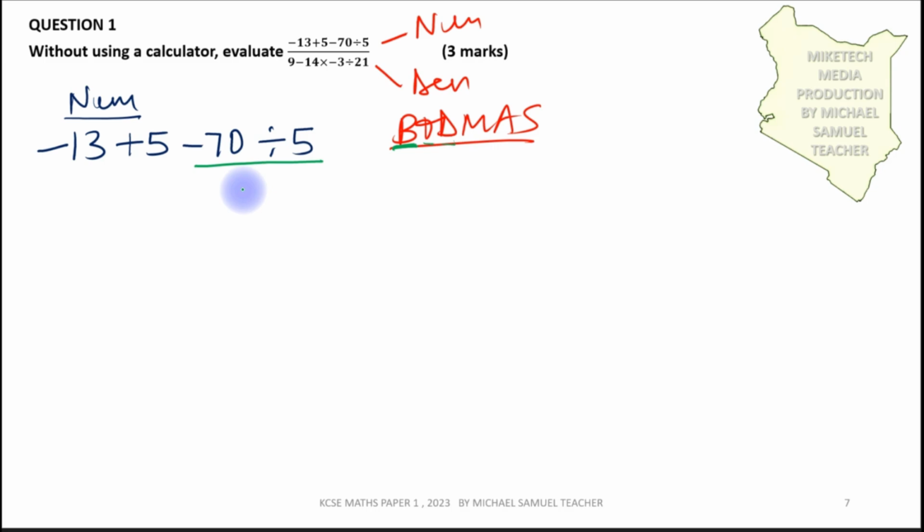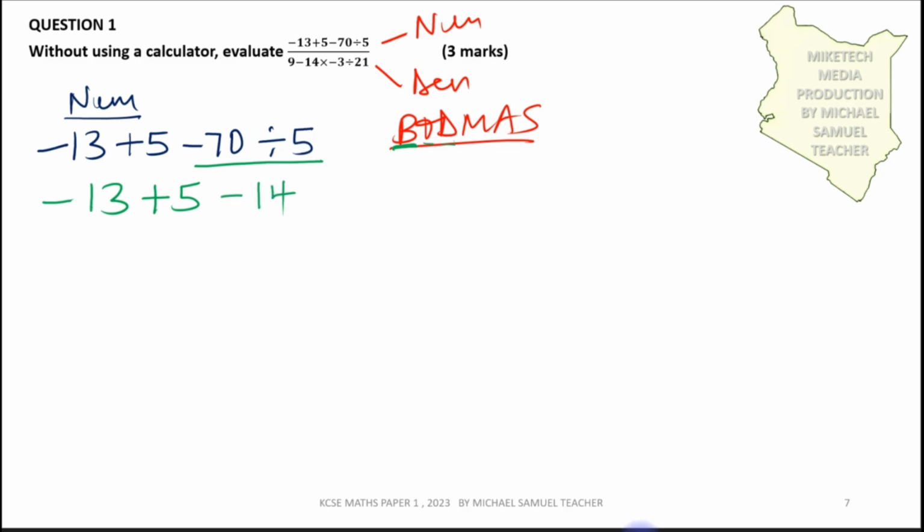That is the first operation we are going to do: minus 70 divided by 5, we get minus 14. Remember, it is a negative divided by a positive number, so minus 14.